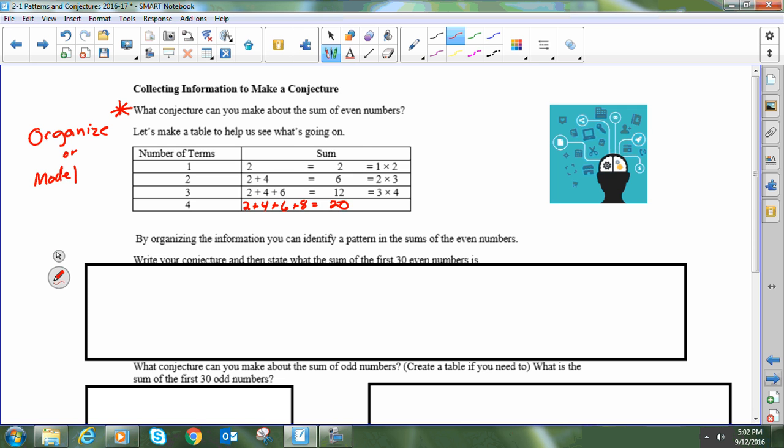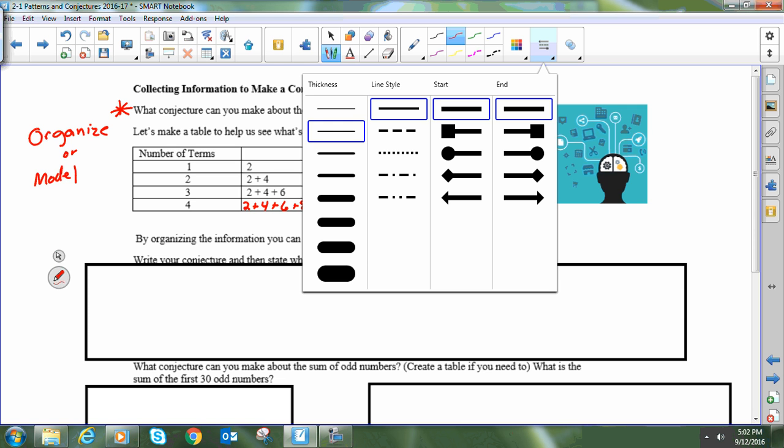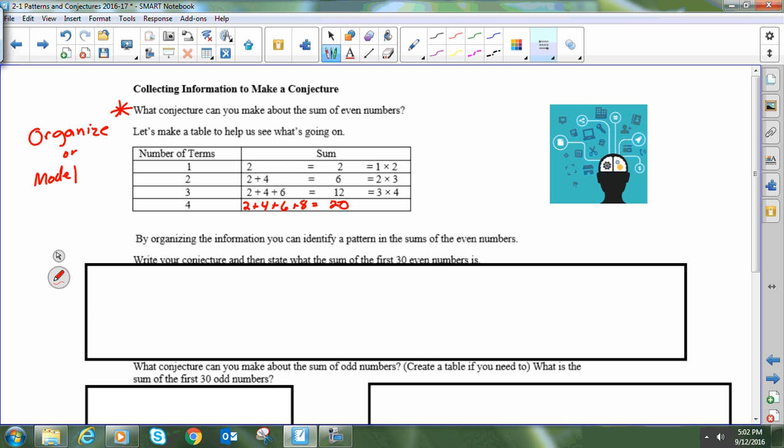Now, I'm changing my width here because I'm looking a little wide in that little tiny box. This last portion of the column, the sum column, is where I'm really looking to see what the pattern is going to be.